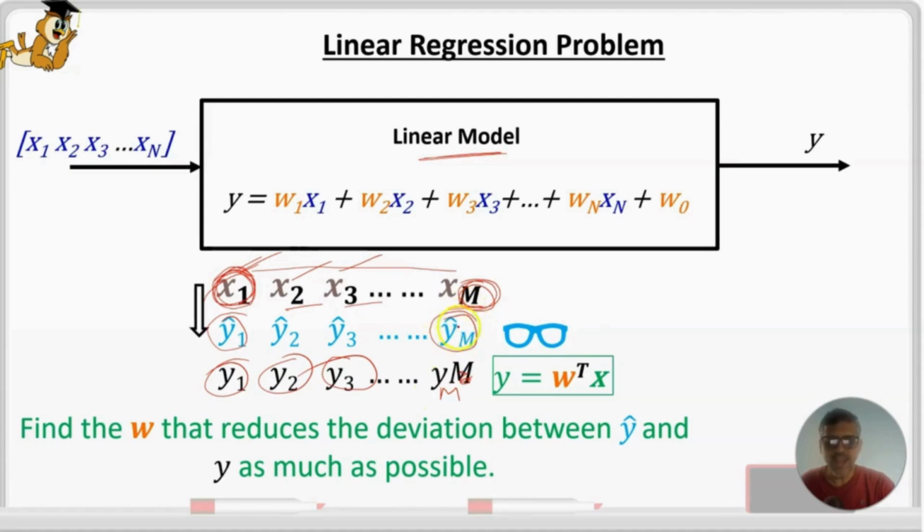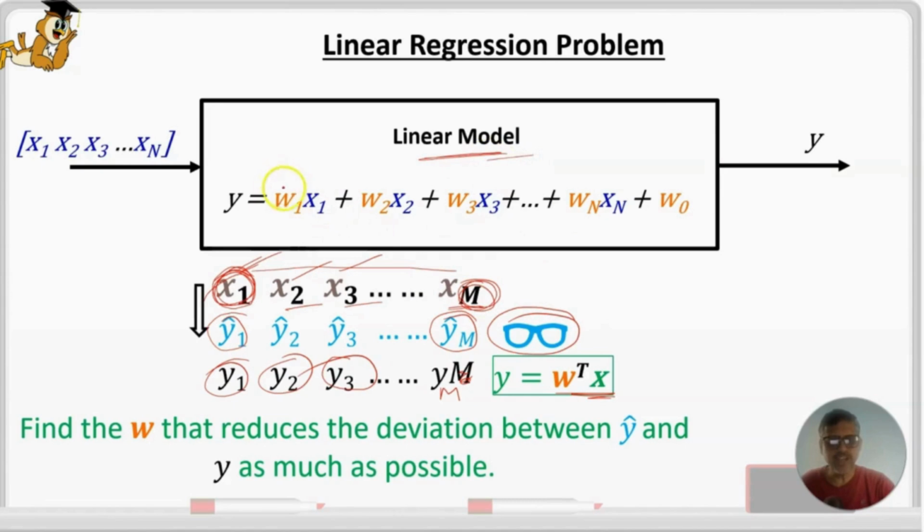So the y hats are the observed values of y, whereas the simple y's without the hats are the computed values of y for each of these points in the training data.